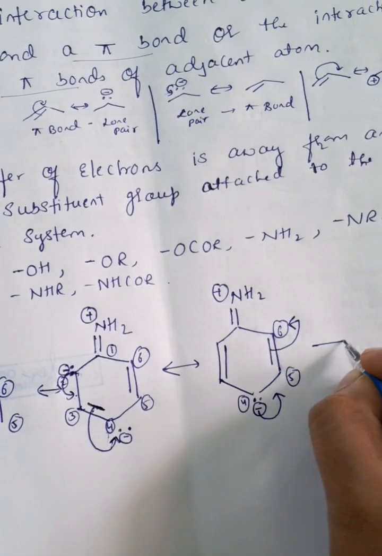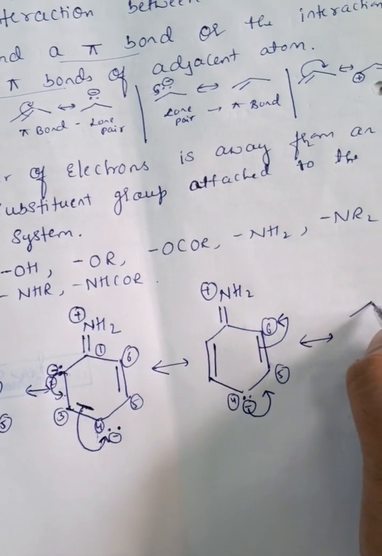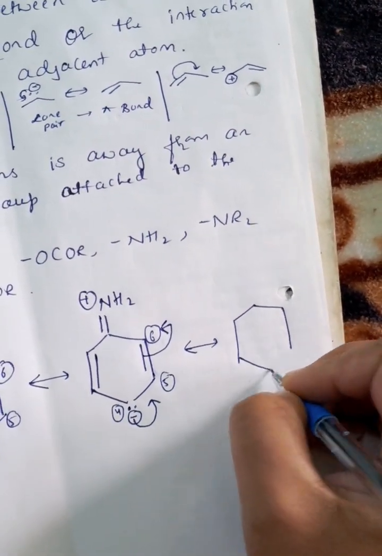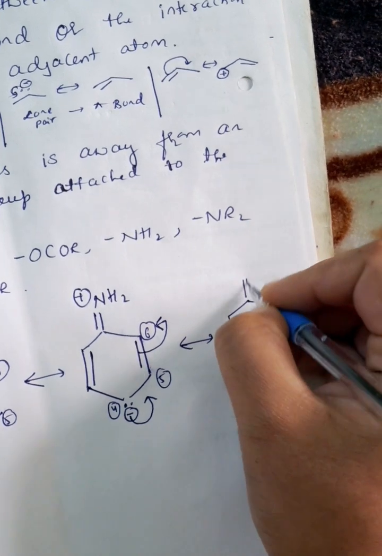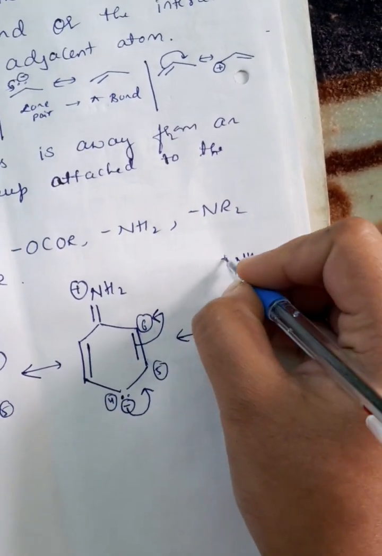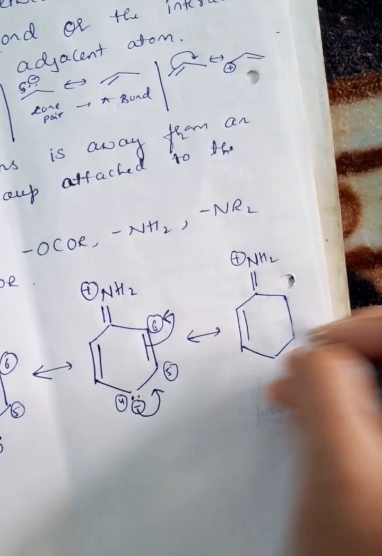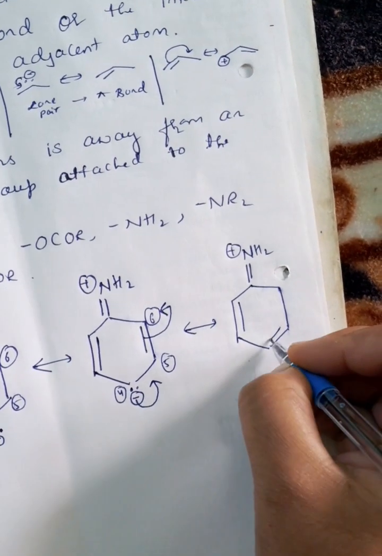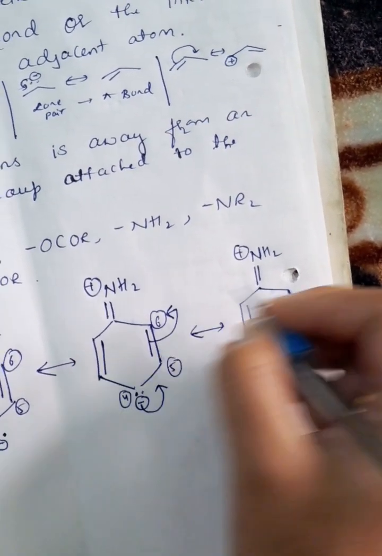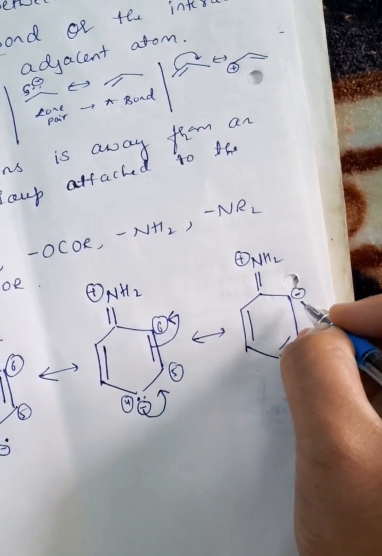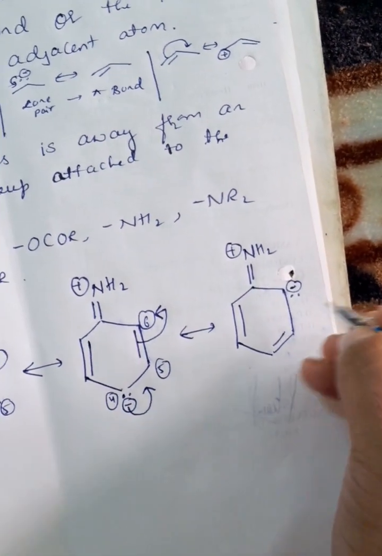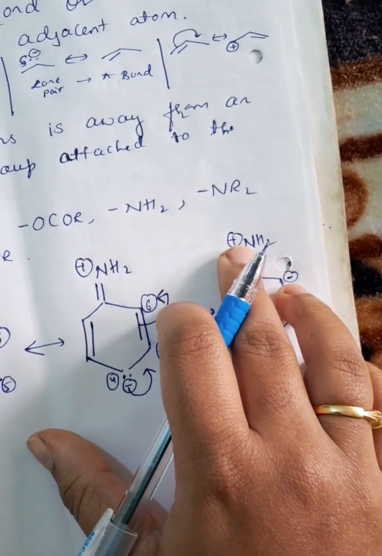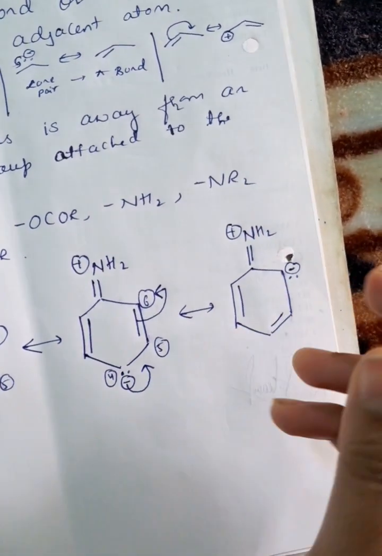Next resonating structure: NH2 with positive charge as it is, this bond not disturbed, so write it as it is. Now between 4 and 5 I get a double bond and at the 6th position I have these electrons, the lone pair of electrons shifted here. Ultimately you have to stabilize this positive charge and this negative charge. How do we stabilize?